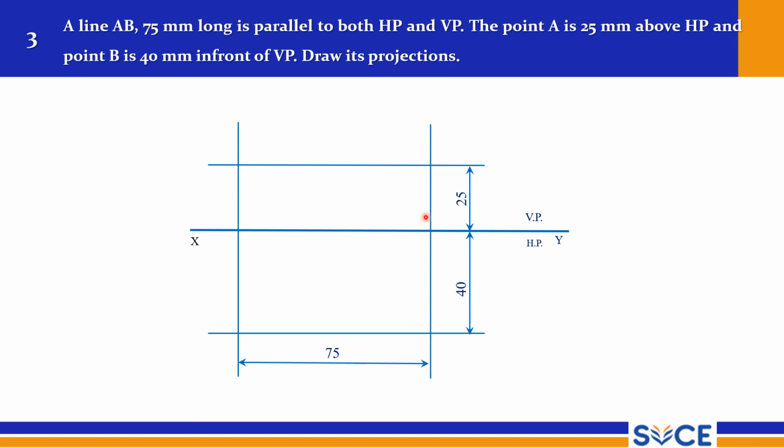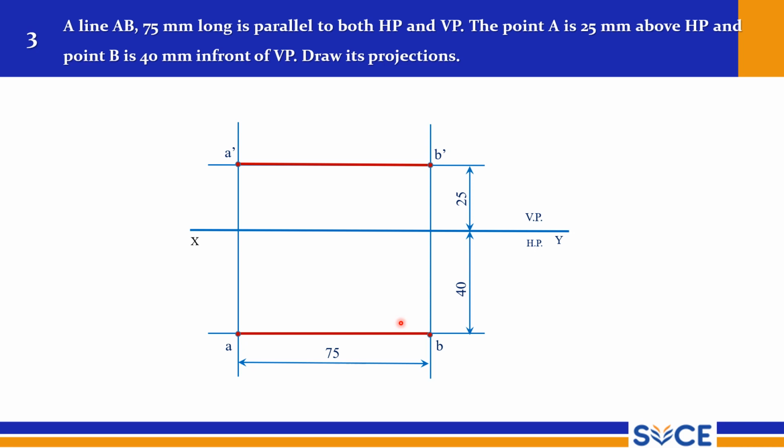I have drawn one more projector. Everything is finished. The only thing is I need to draw thick lines to represent our front view as well as top view. So this becomes your front view, and this becomes the top view. This is our A dash, this is our B dash, this is our front view A dash B dash, and this is our top view AB.